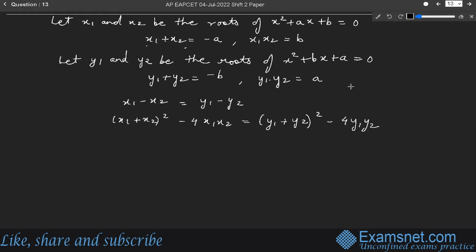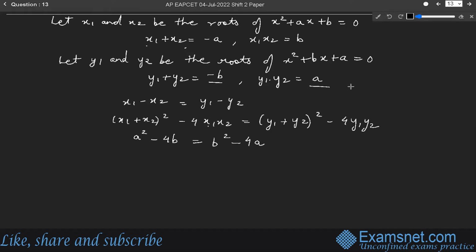So x1 plus x2 square will be a square minus 4 into x1 into x2, which is b. So 4 into b is equal to y1 plus y2, which is minus b, minus b square means b square, minus 4 into y1 into y2. We know that y1 into y2 is a. So it will be 4 into a.